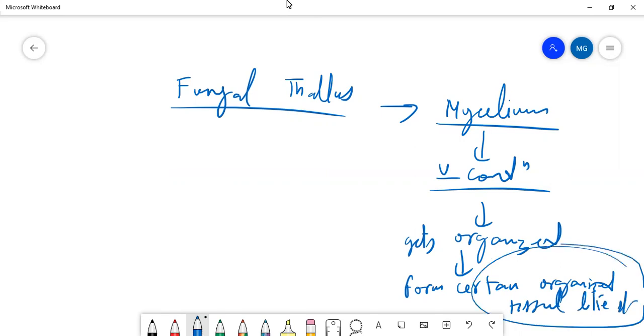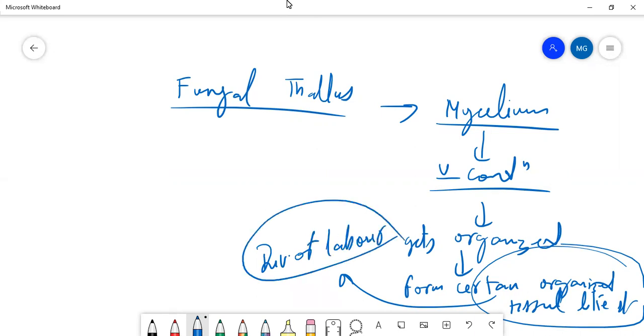And interestingly, sometimes these tissue-like structures also show division of labor, like, you do this work, I will do that work.